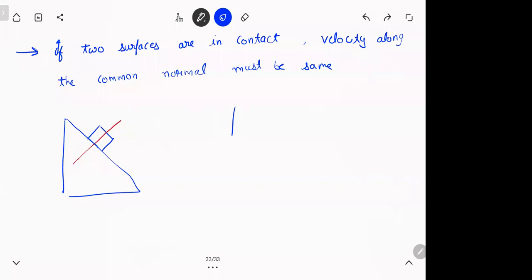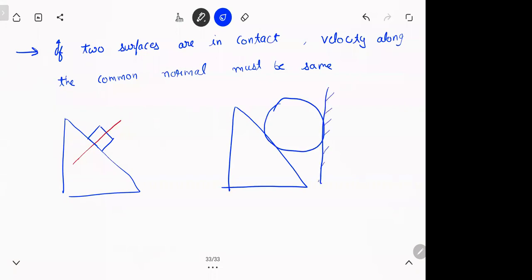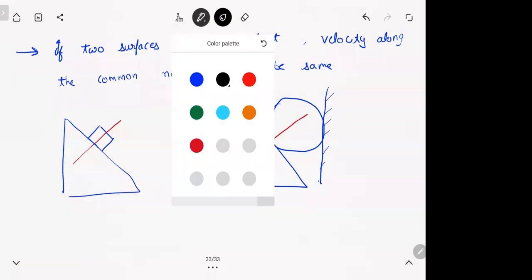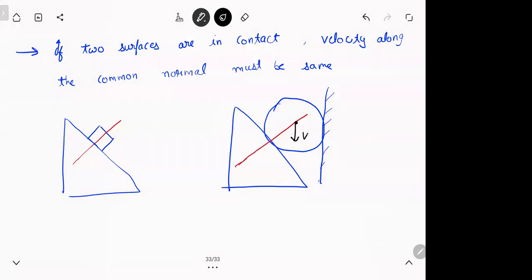For example, let me take one more. Suppose you have a ball and a wedge like this. Now I know here, this is the common normal. So how is the ball going? Ball will go down. How will the wedge go? Wedge will go this way.